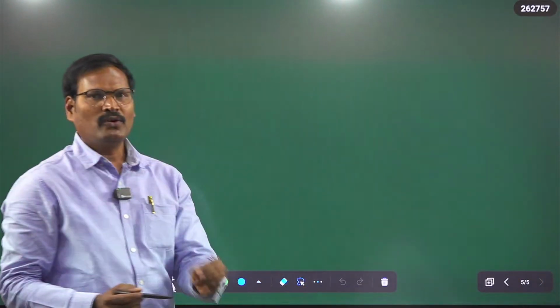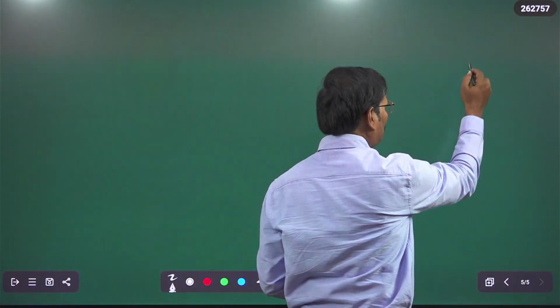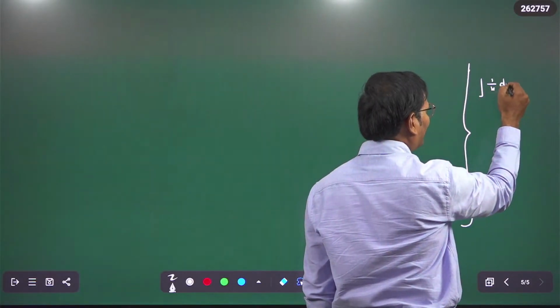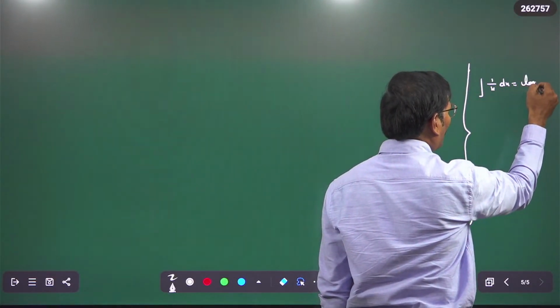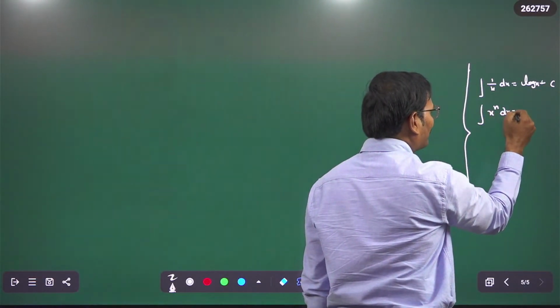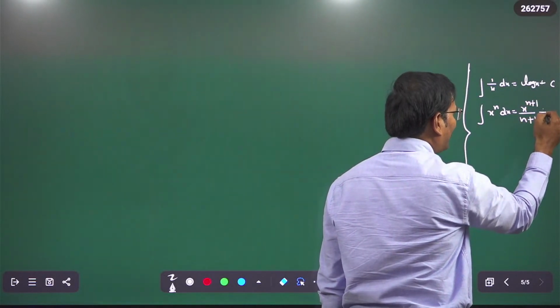Now I will do small problems by using indefinite integration formulas. Already we know the indefinite integration formulas, no? I will write some of the formulas. Integral 1 by x dx is equal to log x plus c. Integral x power n dx is equal to x power n plus 1 by n plus 1 plus c.